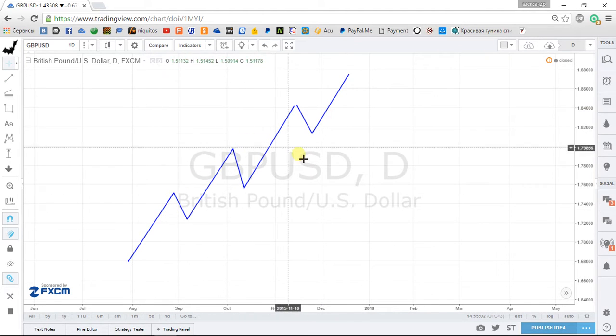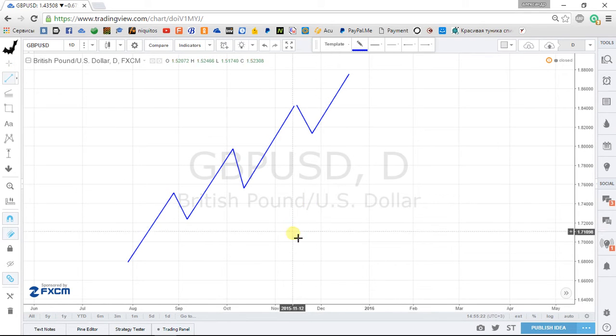Usually, when the trend is strong, most traders are using breakout strategies. So that means in an uptrend, they are buying highs and selling lows when the trend is strong. This is the example of a strong trend.